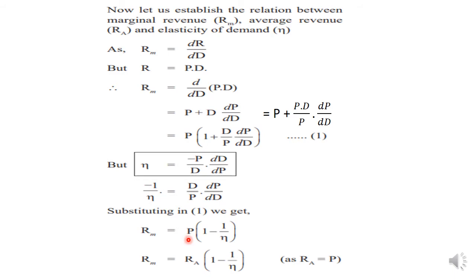RA is the average revenue, the price for one commodity. Price for one item is given as average revenue, that is P. So we substitute RM is equal to RA into 1 minus 1 upon eta. Again, this formula is going to be important for solving certain simple sums. You have to keep in mind the formula.